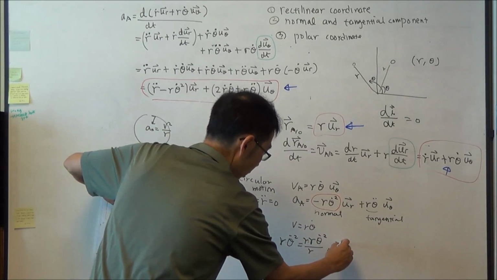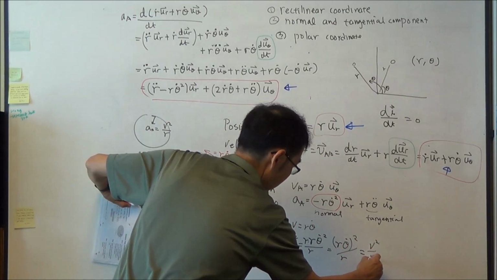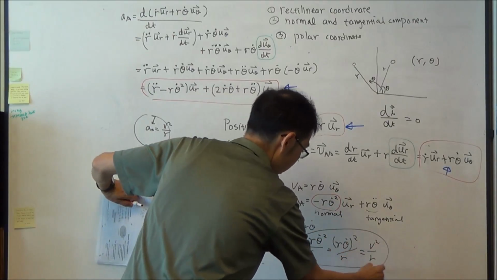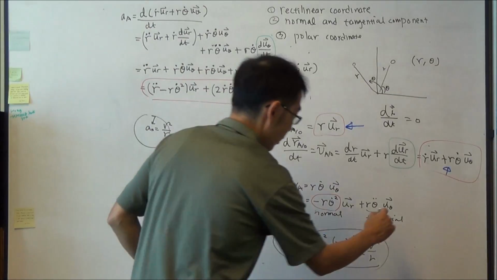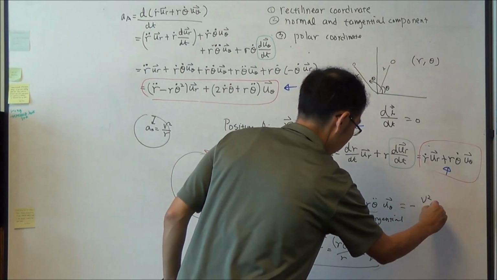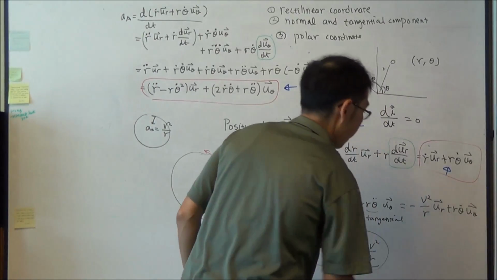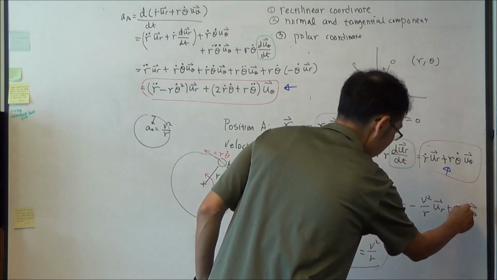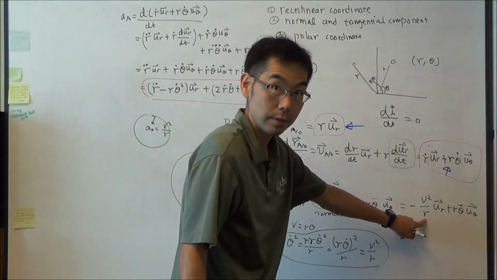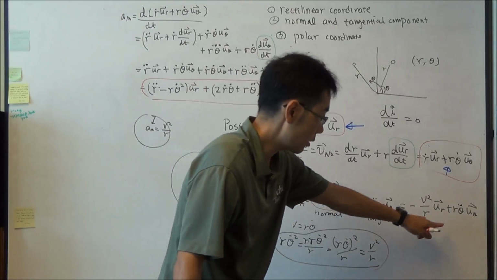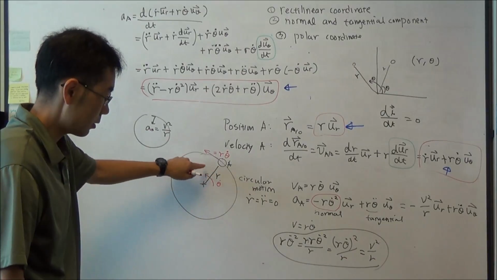So this is r squared theta dot squared over r. So this is v squared over r. Actually, this is the same as v squared over r, right? So this is minus v squared over r u_r, plus r theta double dot u theta. So this is the normal directional acceleration, and this is the tangential component of acceleration if the angular velocity keeps changing.